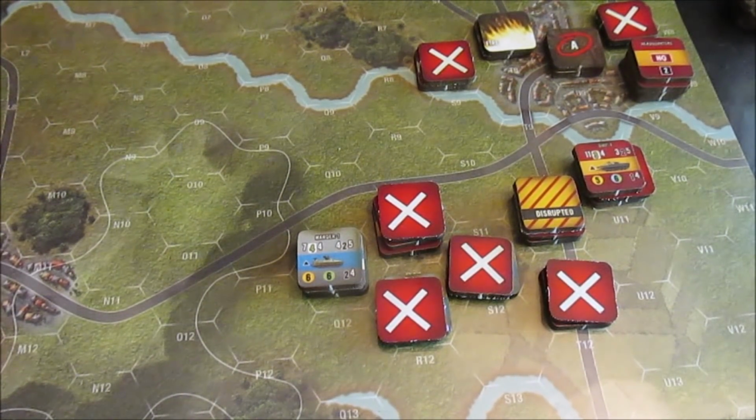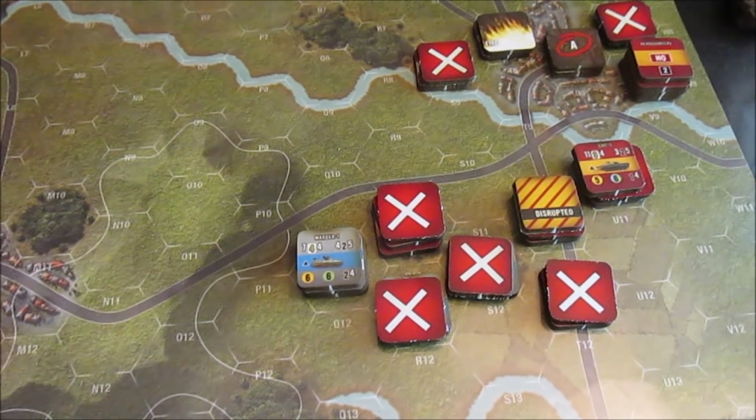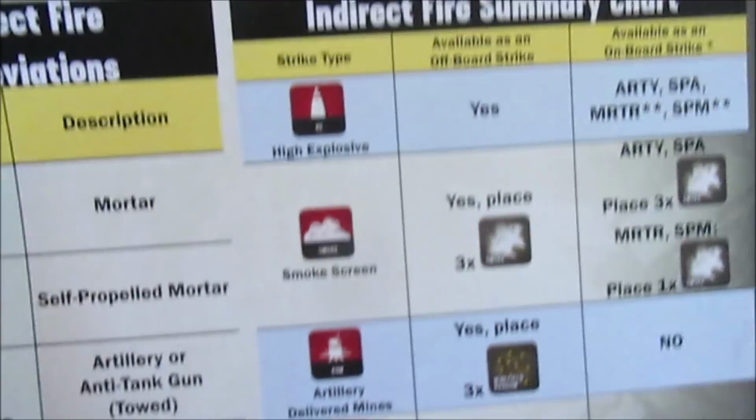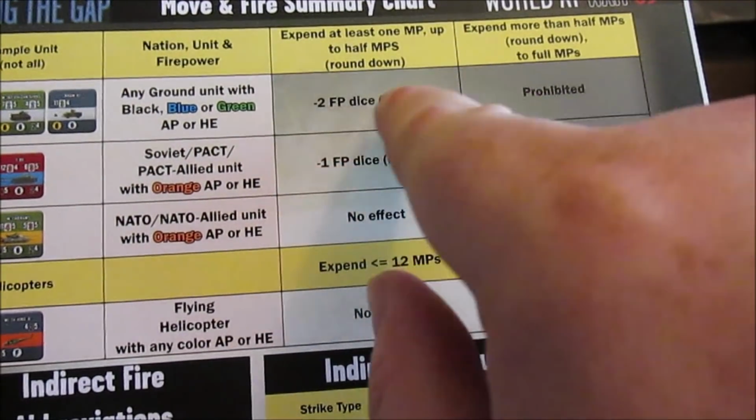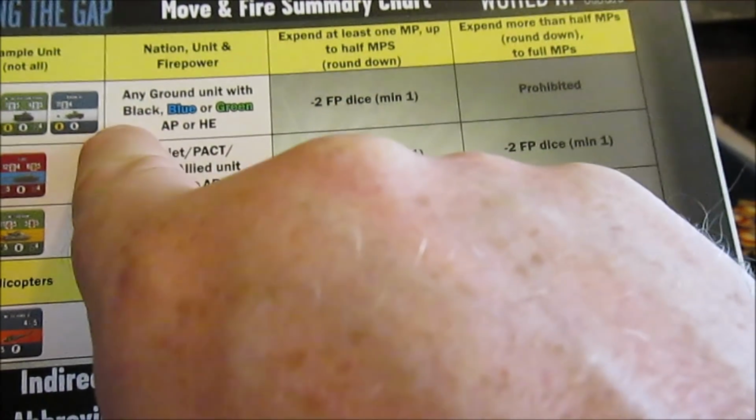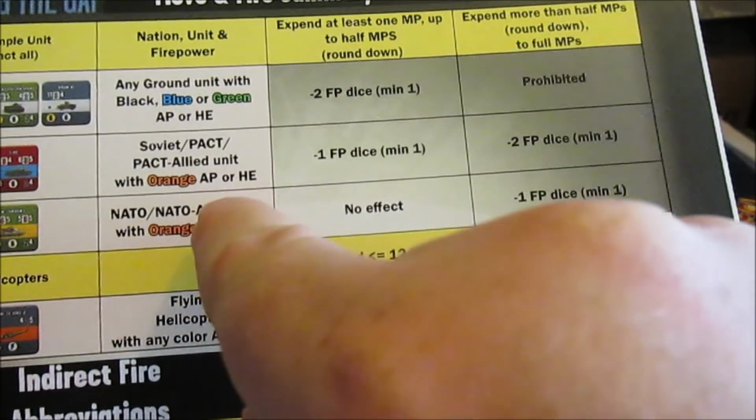Get out our other chart again, because I can't keep this information straight to save my life sometimes. And of course, I just lost the chart again. Bless it. There it is. It's a black HE number. So expend at least 1 movement point, up to half: any ground unit with black, blue, or green AP or HE gets minus 2 dice, minimum 1.